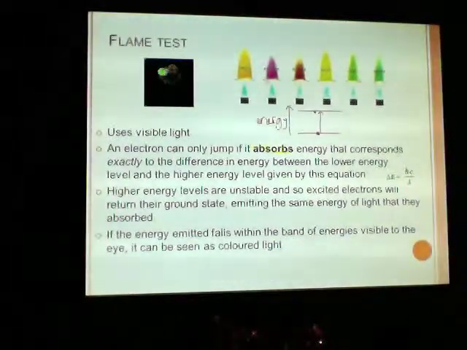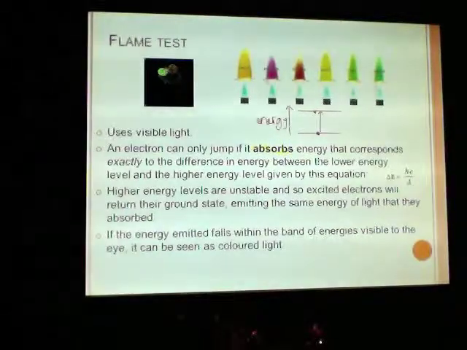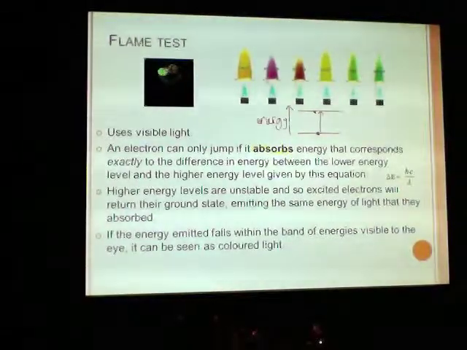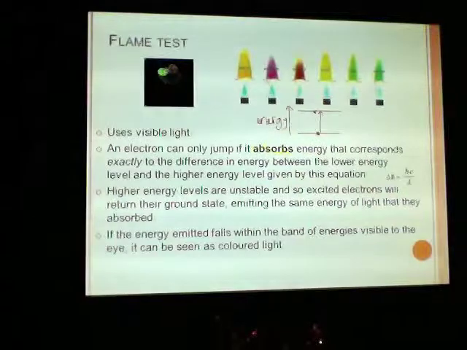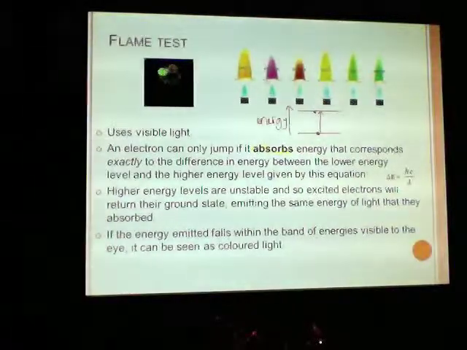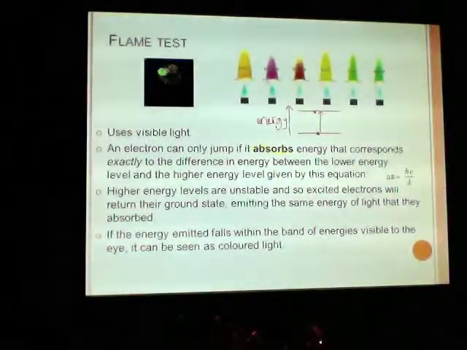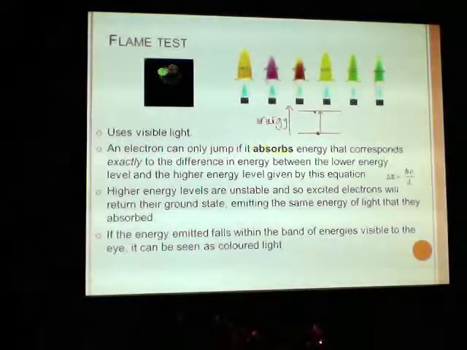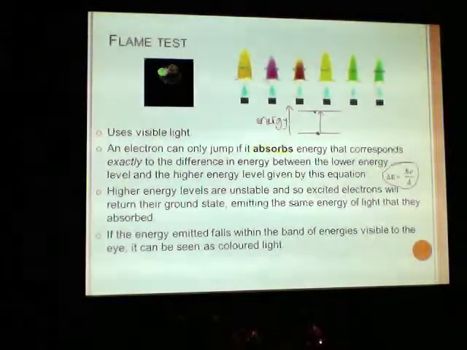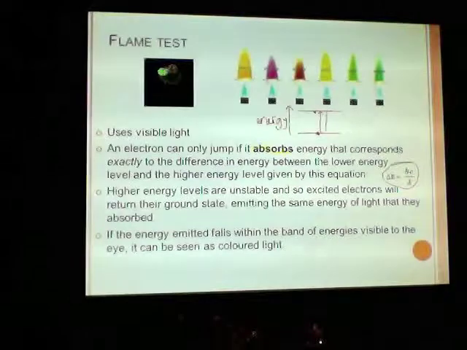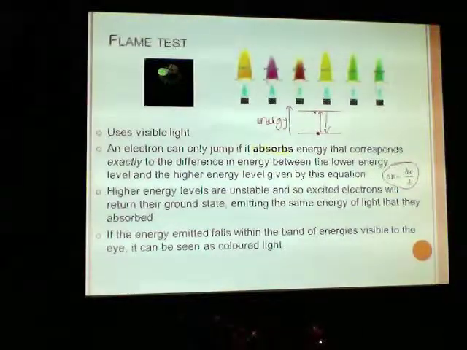However, this energy state is unstable. We know that because electrons want to be in the lowest energy state, and they only jump up in the first place because they're absorbing energy. This is defined by this equation, the amount of energy it absorbs, and then it will jump back down to the lowest energy state.